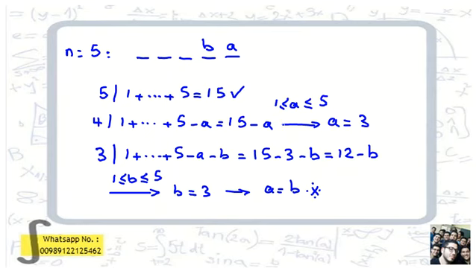Now a and b are equal. This is a contradiction. So we proved that when n is even, the problem is not true, and when n is odd and greater than or equal to 5, the last two numbers are equal and we reach a contradiction.